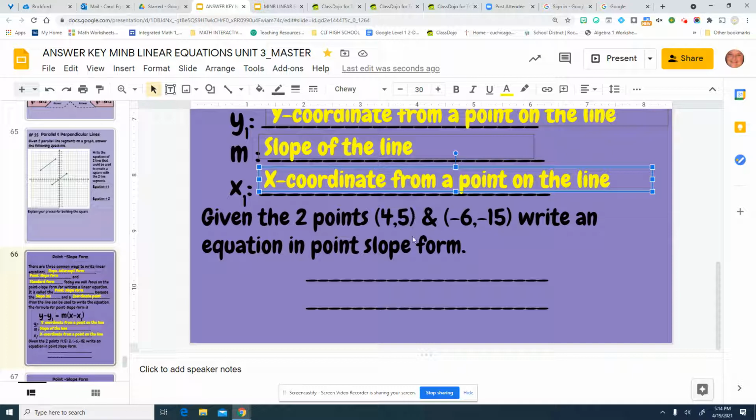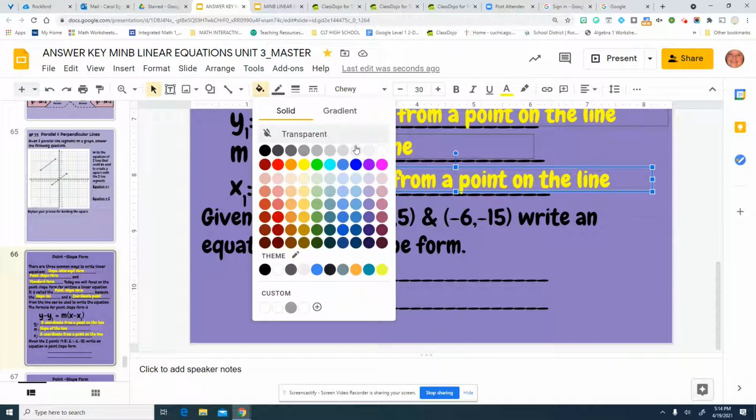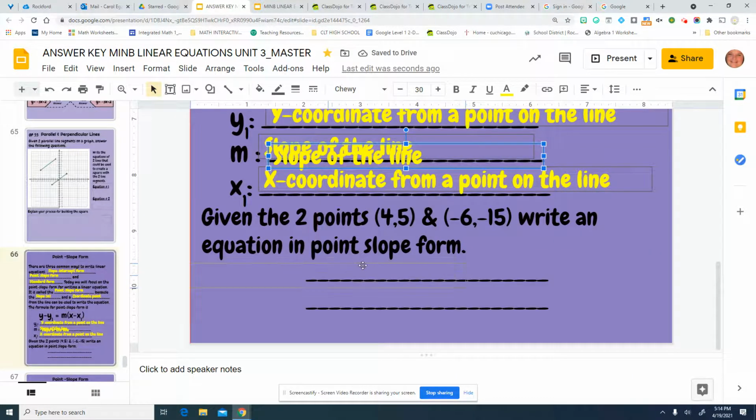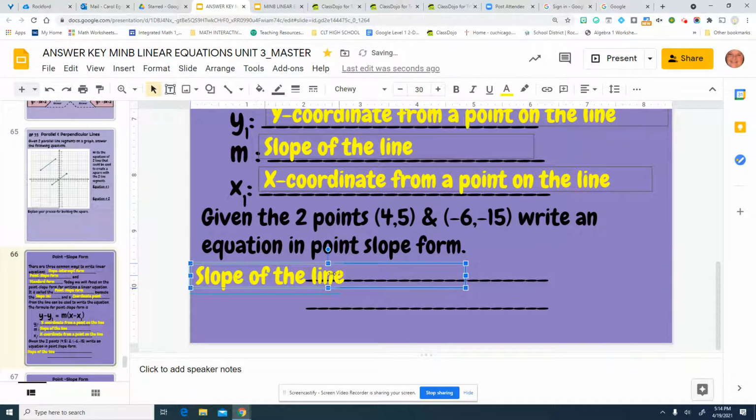So the first thing we need to do is determine what the slope is.